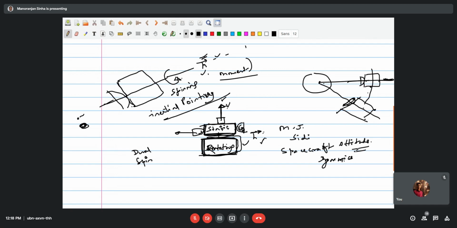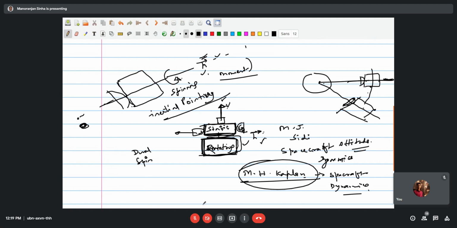It's a simple book to read, and thereafter the book by Kaplan, Spacecraft Dynamics and Control.